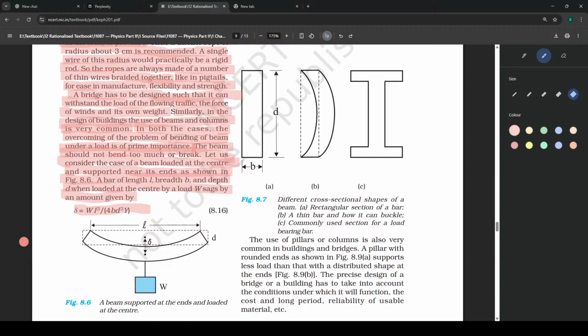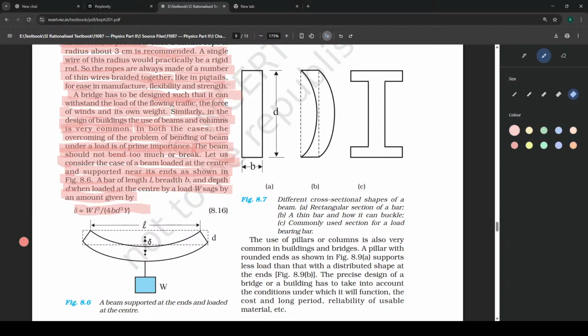This beam is of length L. It has a breadth of B and a depth of D. Basically its depth or height, we can say, but in this case it's more appropriate to call it depth.